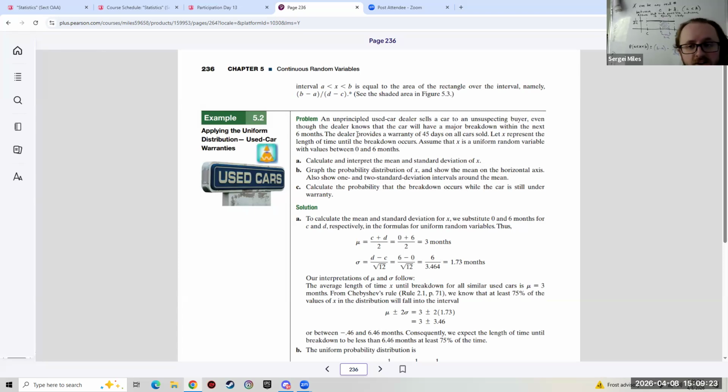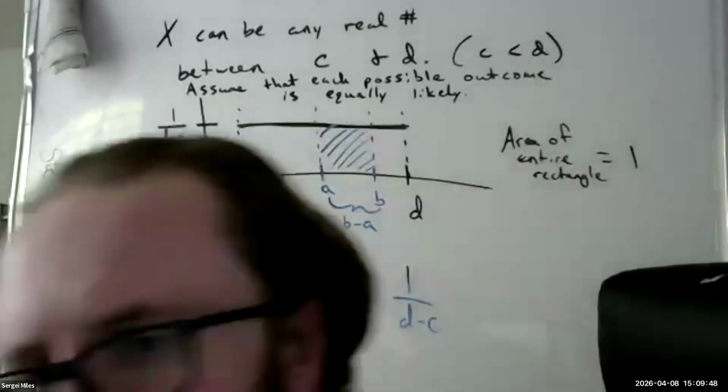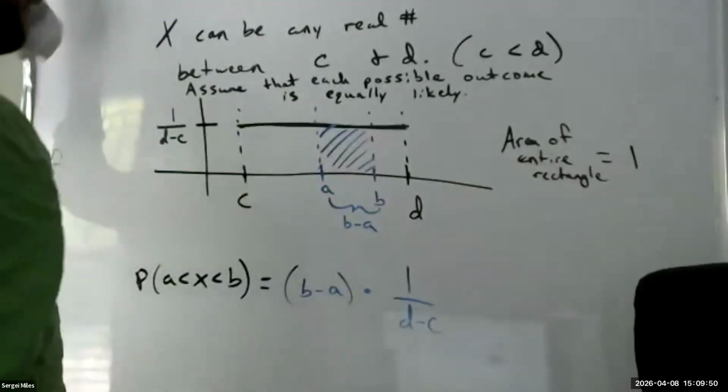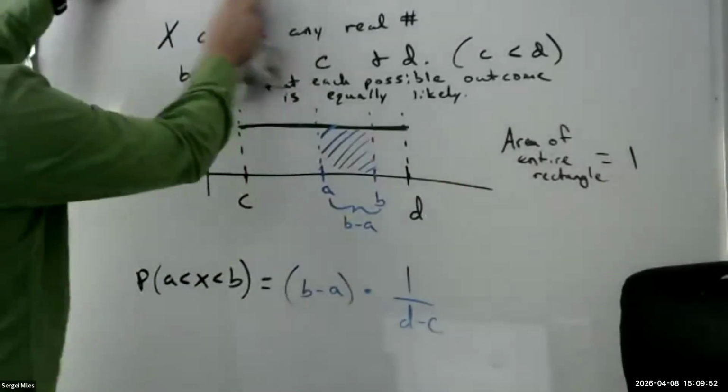But to make customers feel better about buying his cars, he tells them, yeah, I'm going to give you a warranty for 45 days so you can return it to me, no problem. But beyond that, the warranty expires. Is this a good deal? Why is he making this promise? Well, think of this as a uniform random variable. And so let's go to the whiteboard here behind me. All right. This is example 5.2 from the textbook.